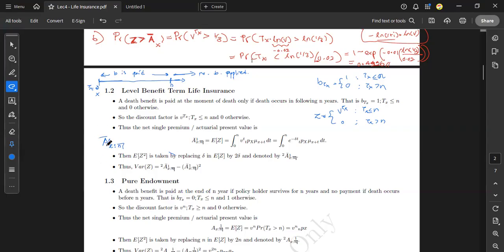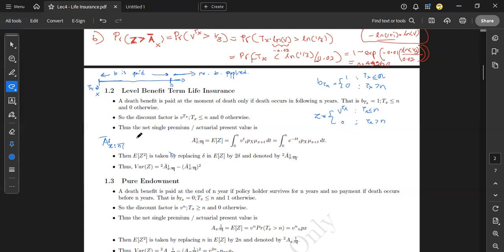That is the actual present value of a $1 term life insurance, continuously considered, where the death benefit is paid at the moment of death and only valid for the next n years from the purchase point onwards.